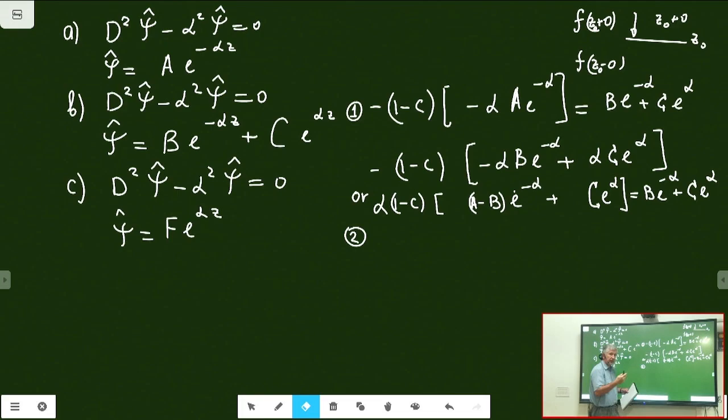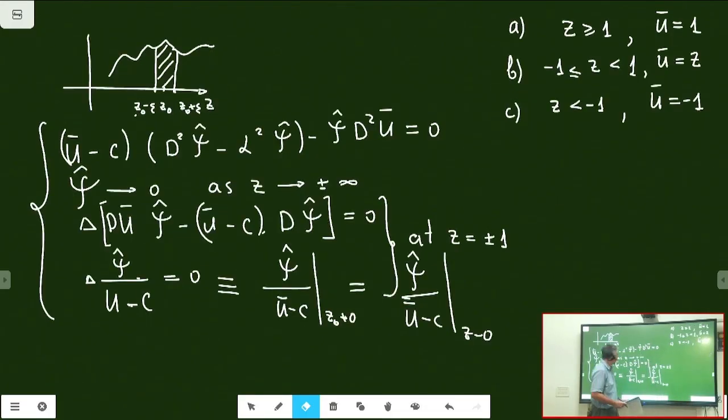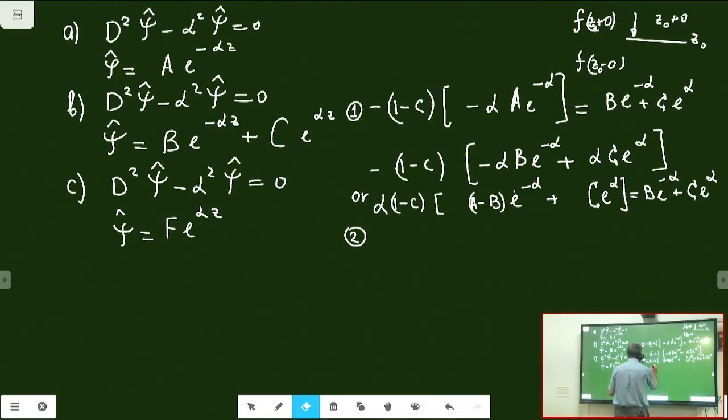Okay, so if you do that, can you tell me what you get? So you need to evaluate that. So what is psi on the top? A e to the power minus alpha z, but z is equal to 1. So therefore, you will get A e to the power minus alpha divided by 1 minus c.